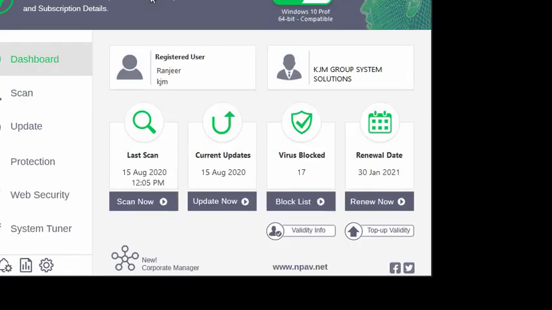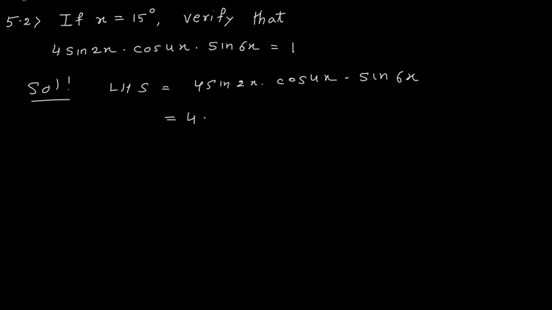In place of 2x we will write 2 into 15, that is 30 degree, into cos 4x, this will become 60 degree, and sin 6x, 15 6s are 90, so sin 90 degree.